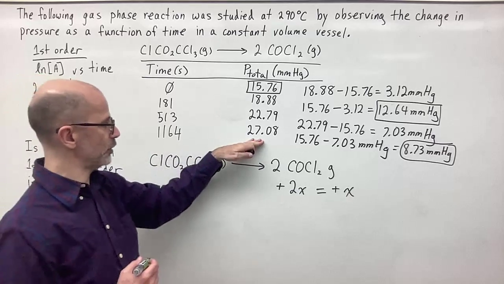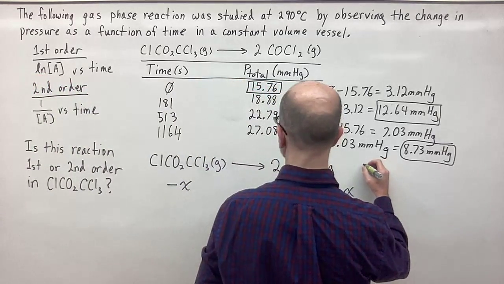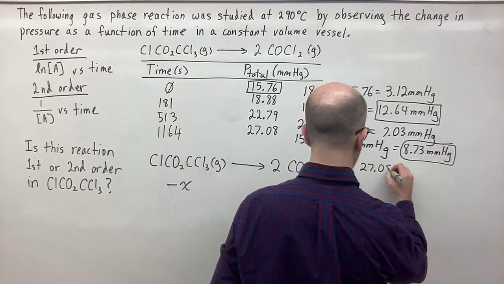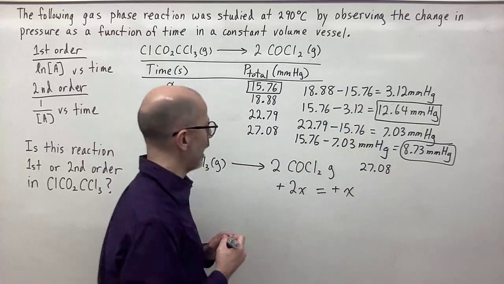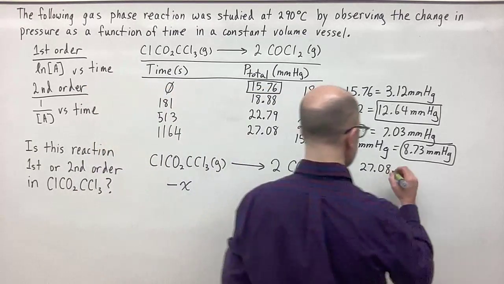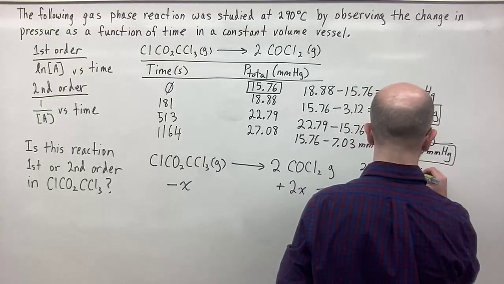And finally, I can do the same thing at 1164. So the total pressure at 1164, I'll write it over here. So I have 27.08. And again, I'm going to subtract the amount I started with, 15.76.